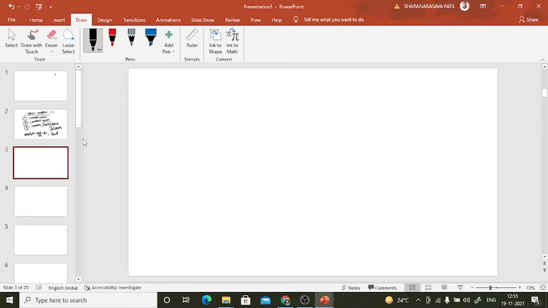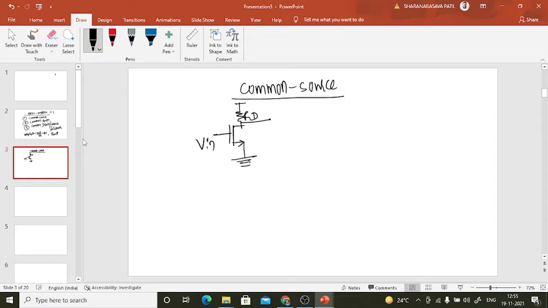Okay, let's start with common source. This is the common source configuration diagram. Here is the V out. As we know, the MOSFET small signal modeling circuit is like this, right?